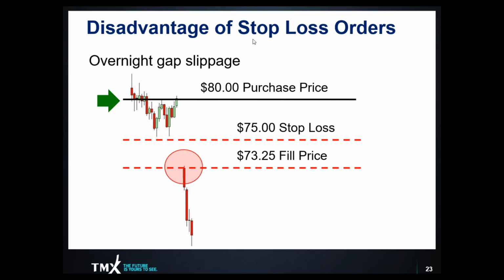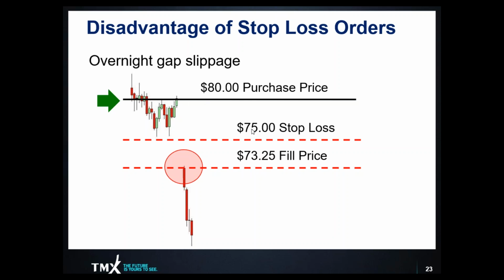Because the stock's traded through your stop loss, when the market opens up the next day, your order is triggered to go to the market as a market order, and your fill price is going to be wherever the stock is opening up that day.